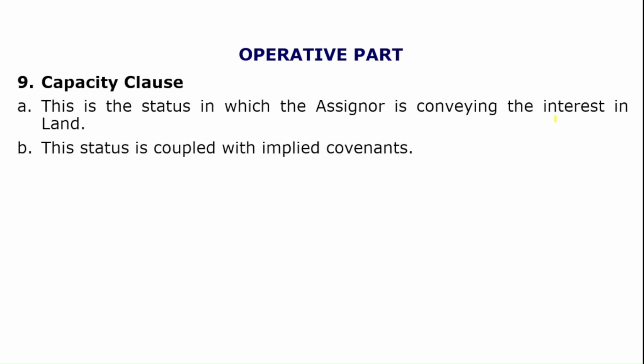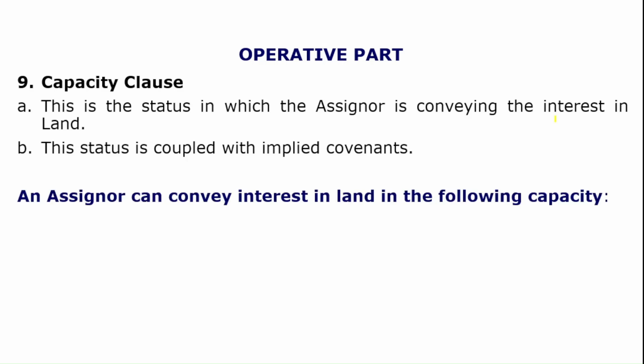That is, the moment she holds out to say, I'm transferring this land in this capacity, it comes with implied covenants. So you have to be very sure and certain of the capacity in which the assignor is transferring land to the assignee. So, in case you are wondering, in what capacity can the assignor convey interest in land to the assignee?